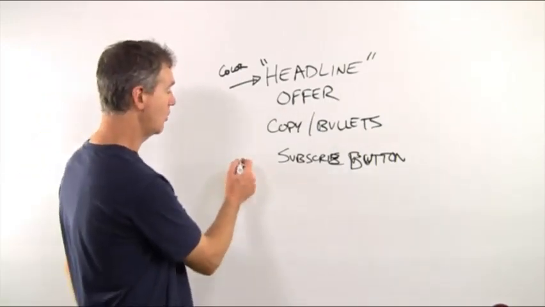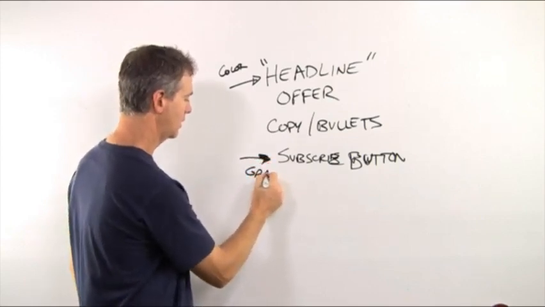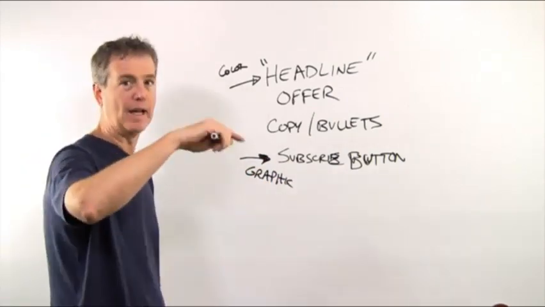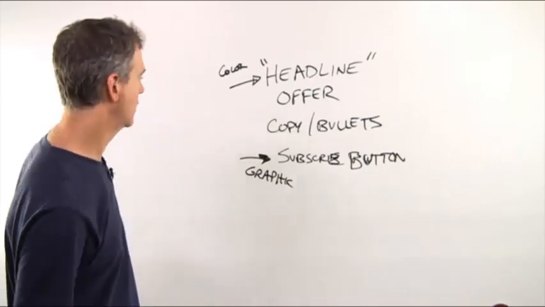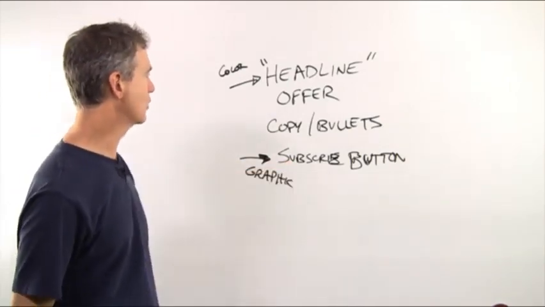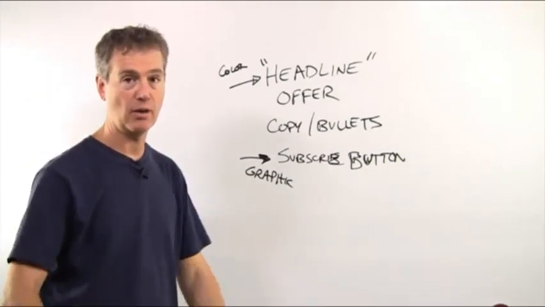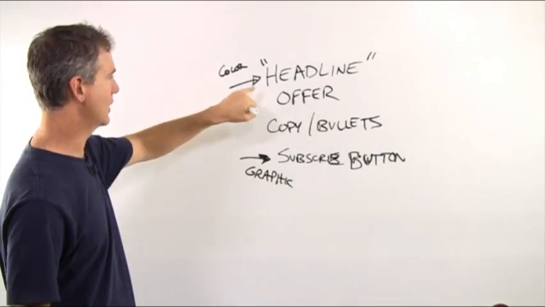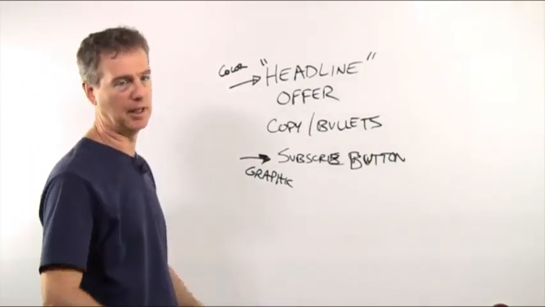You can change whether it's a graphic or not, or just one of those gray buttons that looks like it's built into the computer. So test the actual subscribe button. You can test the overall layout. You can test video or no video. But this is the general order: headline, then offer, then the elements on the page.